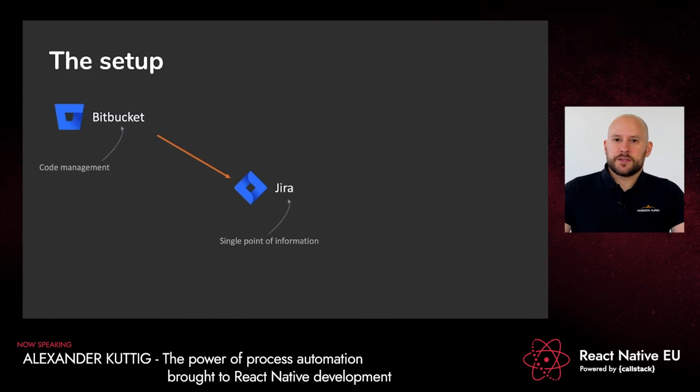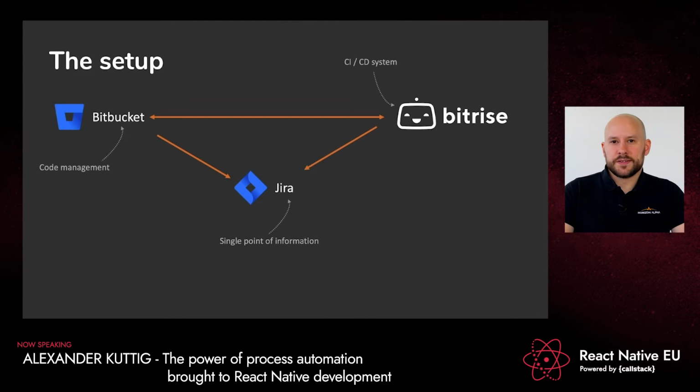Third system, and this is an interesting one, is a CI or CD system, continuous integration or continuous delivery system. This is basically a kind of service or server where your process automation pipeline runs. So where your steps will be completed.